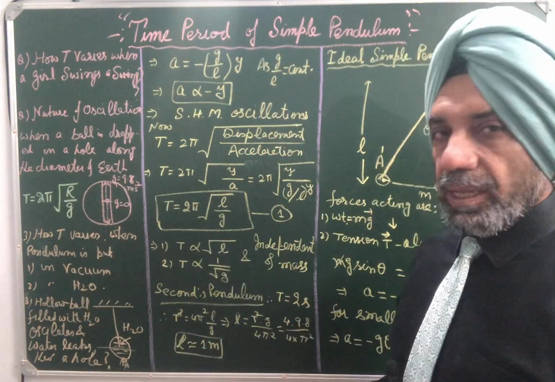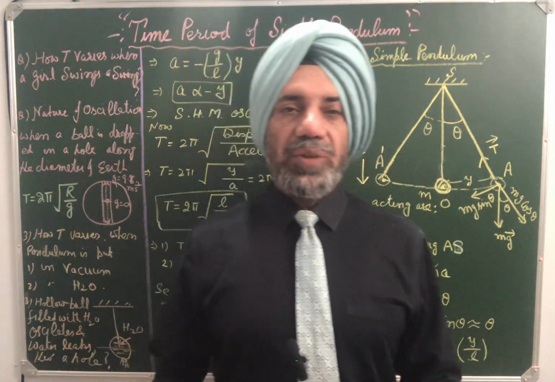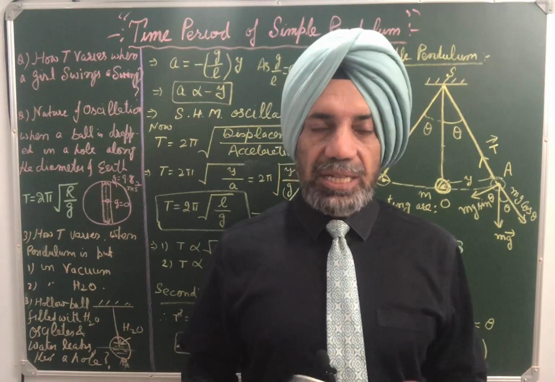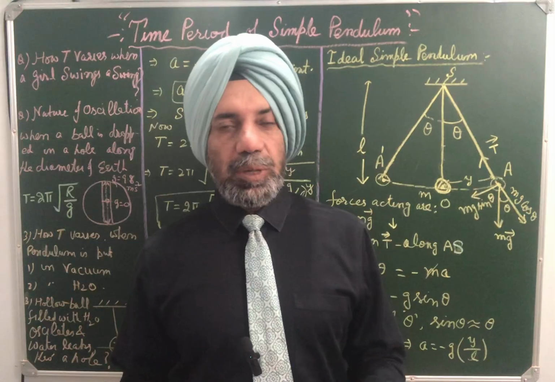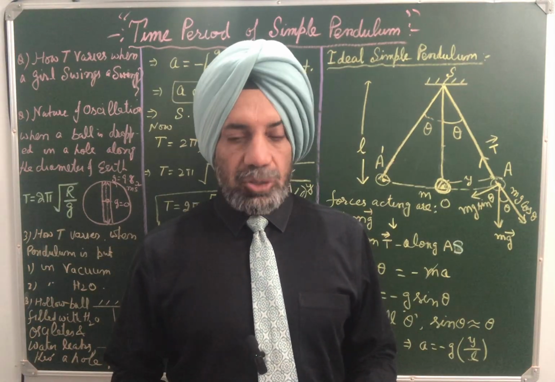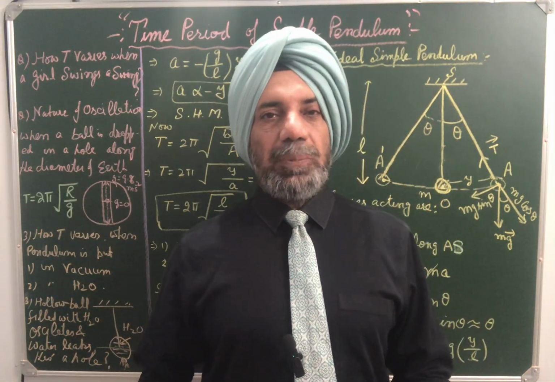What changes? The length of the pendulum, the length of the swing, changes when she stands, and the length will decrease, because the length of a pendulum is defined as the distance between the point of suspension and the point of oscillation or center of gravity. So when the girl stands, the center of gravity shifts upward.